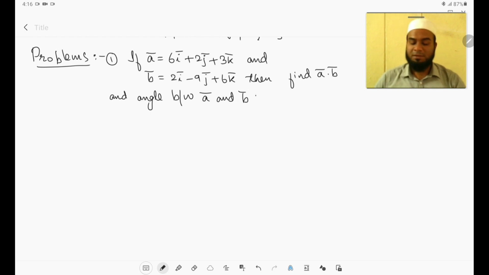So what is the question? Here two vectors are given, a bar and b bar. We are supposed to find a bar dot b bar and the angle between a bar and b bar. So, solution.